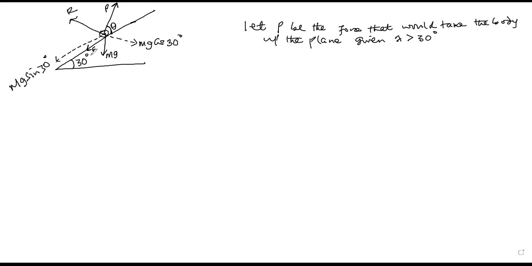Now, if the body is moving up the plane, I'll be having the horizontal component and the vertical component of P, whereby this would be P sine theta, and here I will be having P cos theta.